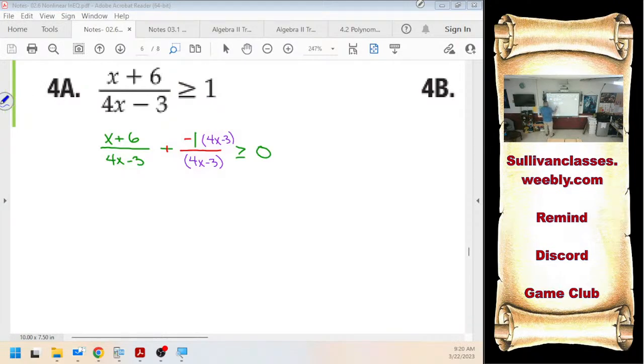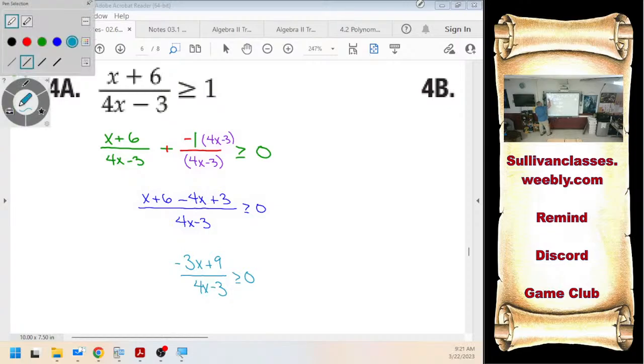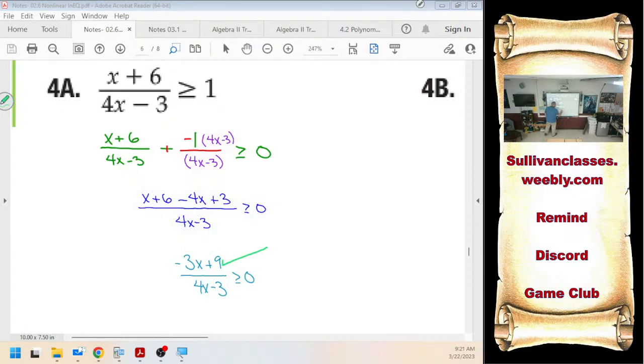Then we'll have x plus 6 minus 4x plus 3 over 4x minus 3. Getting -3x plus 9 over 4x minus 3. My x-intercepts come from the numerator.